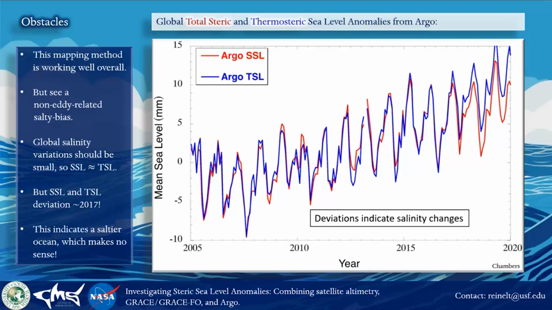And global salinity variation should be really small. So these two lines really should match up, and they mostly do until about 2017, where we see this deviation where thermosteric sea level anomalies are greater than total steric sea level anomalies, which suggests that the ocean is getting saltier, which doesn't quite make so much sense.